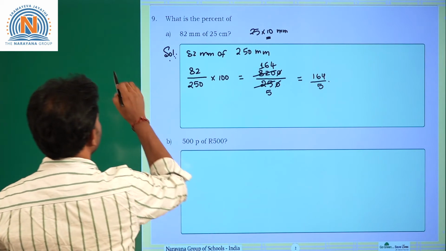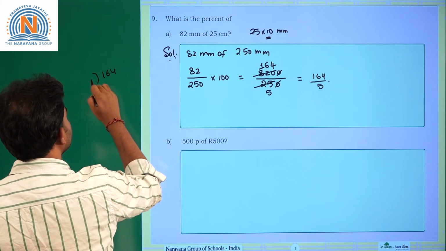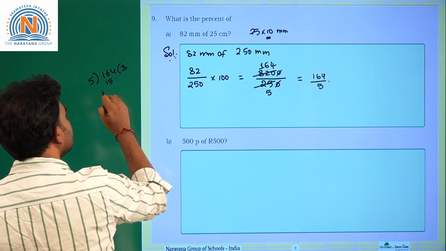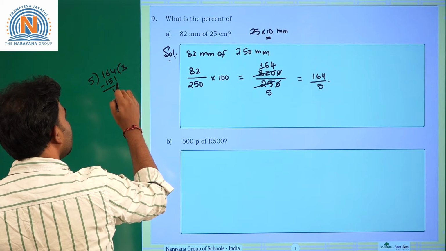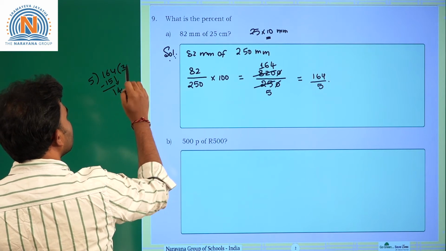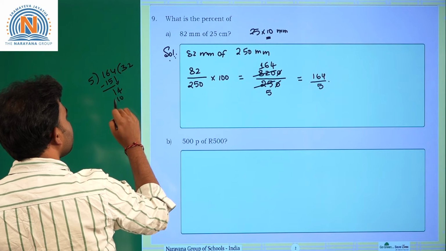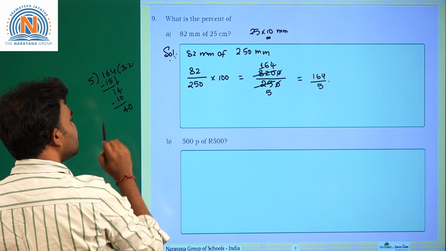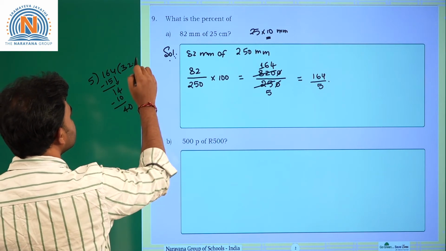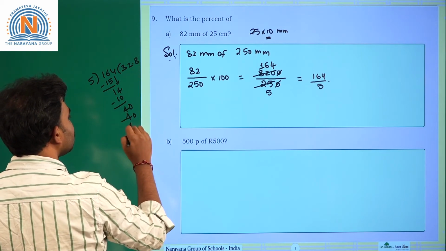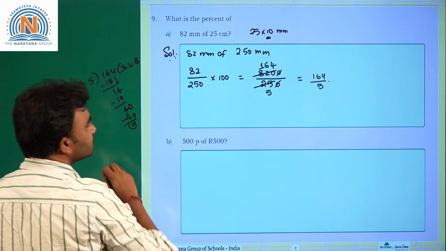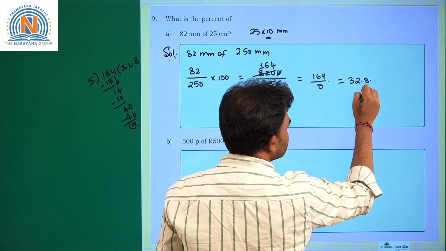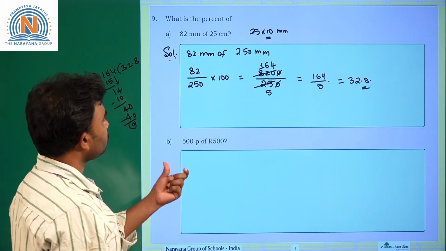Now divide it. 164 by 5. 5 threes 15. 16 minus 15 is 1. Next bring down 4. Now 5 twos 10. 14 minus 10 is 4. Here take the decimal point, then you will get 0 here. 5 eights 40. 40 minus 40 is 0. So the answer is 32.8. Okay.